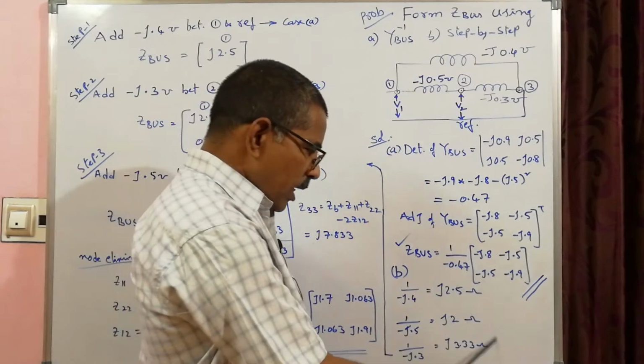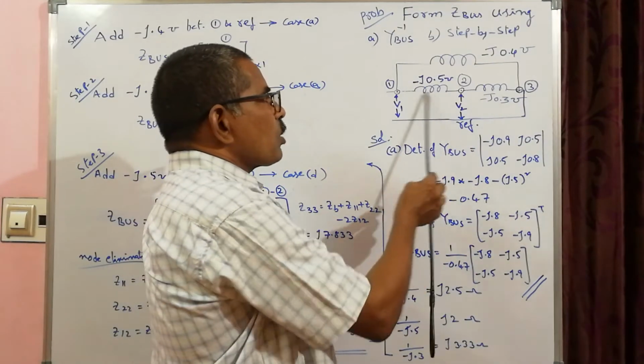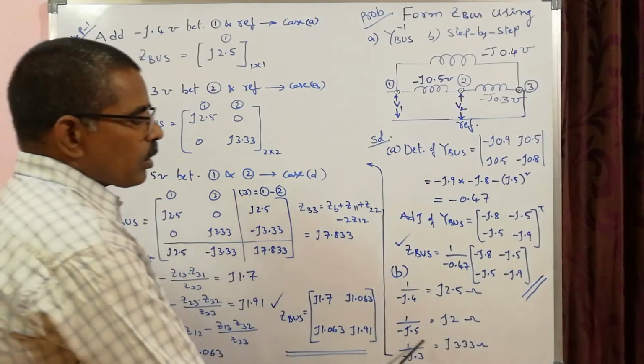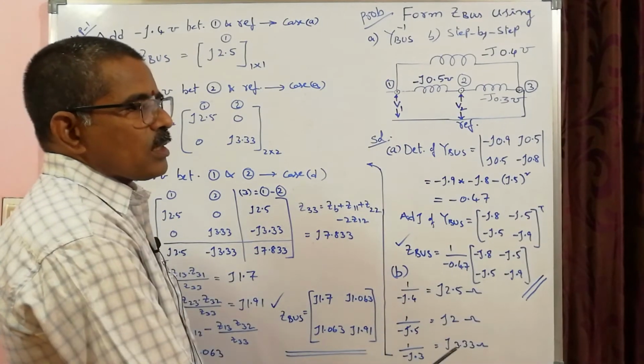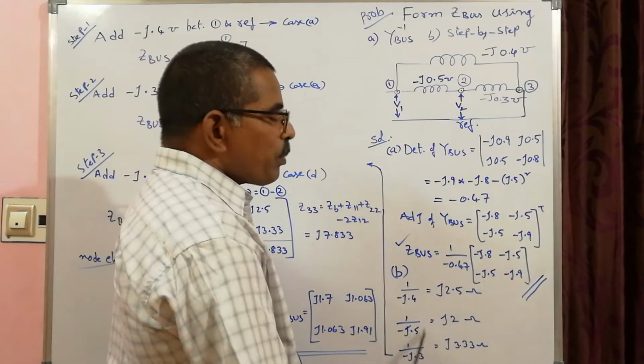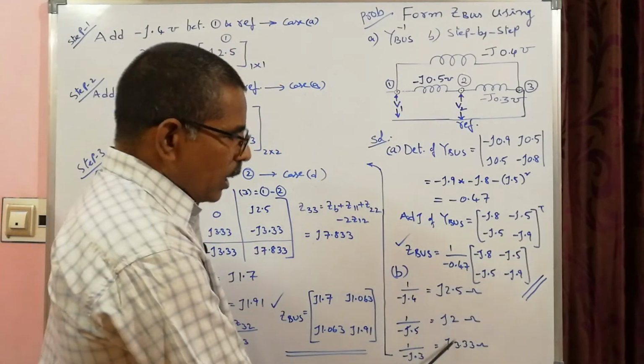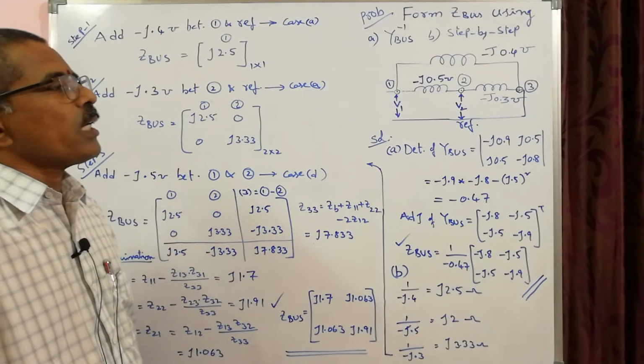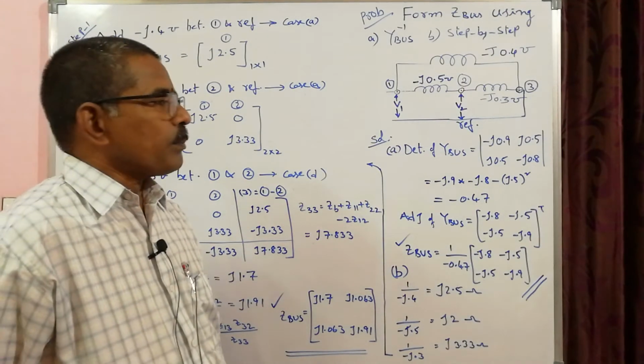These are all impedances corresponding to the admittance values given. Because we are forming Z bus now, we want all impedance values. These are the corresponding impedances of the elements between 1 and 2, 2 and 3, and 1 and 3 respectively.